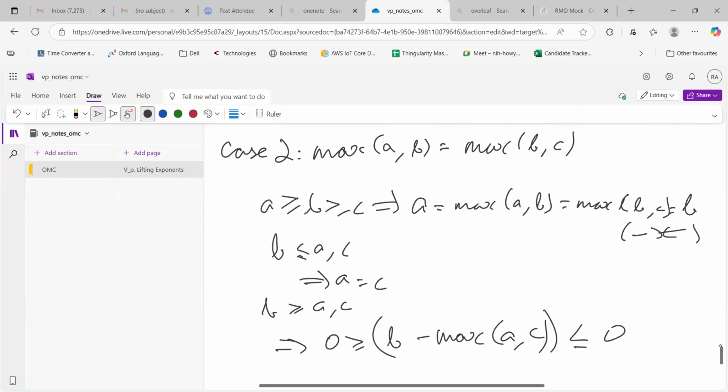Basically, you have max of A comma B equals max of B comma C satisfied, right? Yeah. What else can you do?